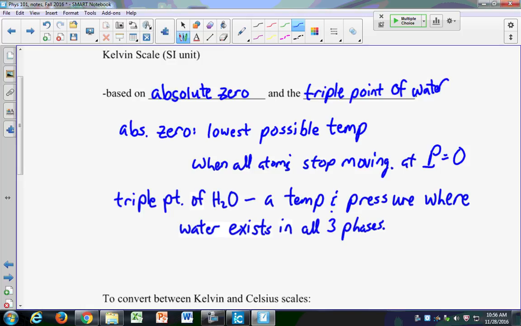So at this particular temperature and pressure, water exists as a liquid, as a vapor, and as a solid all at the same time. It's the temperature just slightly above the freezing point of water. I think it's like 0.1 degrees Celsius.